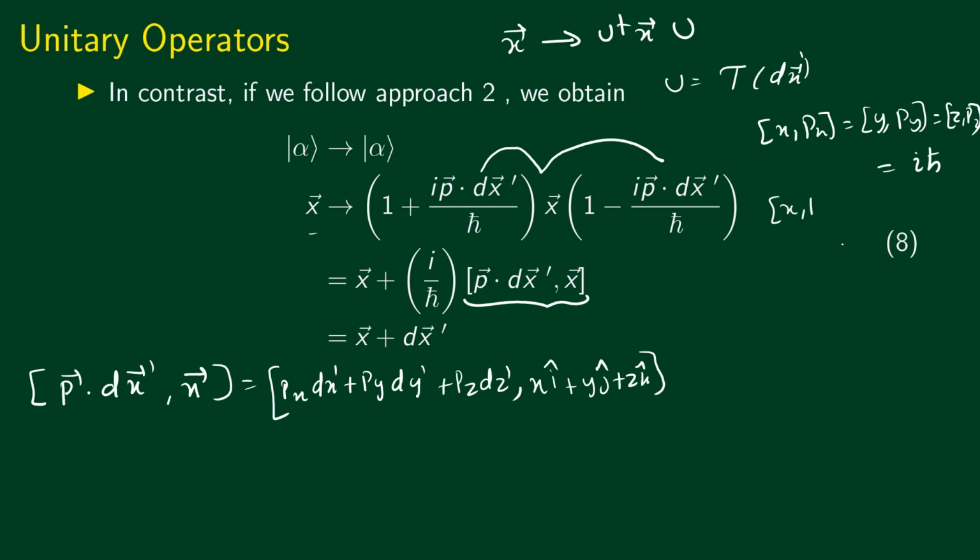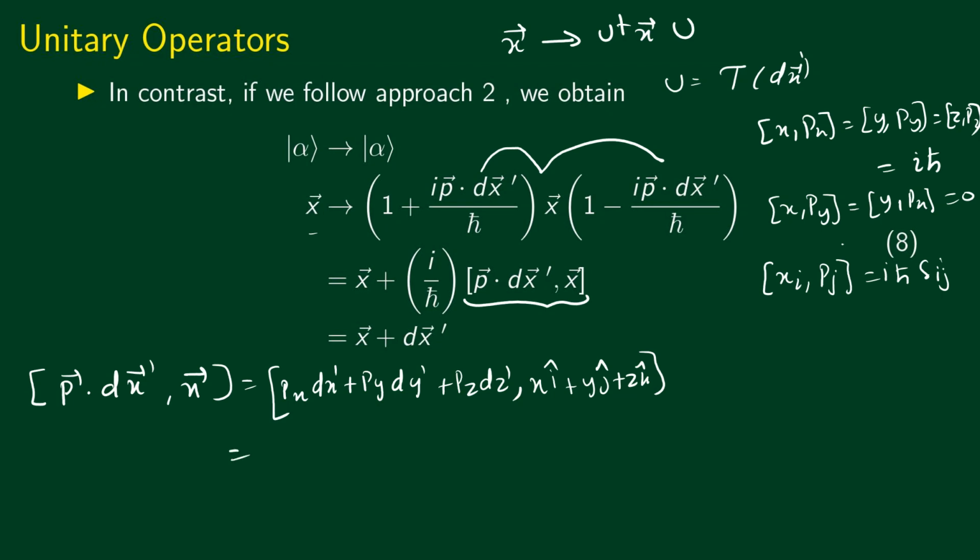All other terms are zero. The commutator of x with py is zero, the commutator of y with px, etc., are zero. I think we compactly wrote it like this: the commutator of xi with pj is iħ delta ij. So if you have x and py or x and pz or y and pz or y and px, etc., all these terms are zero.